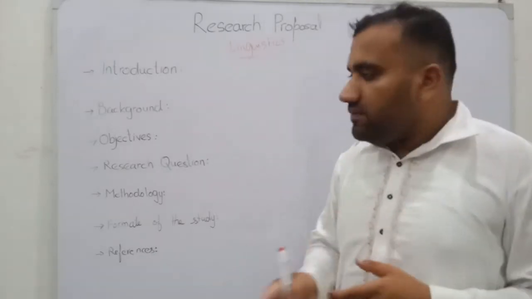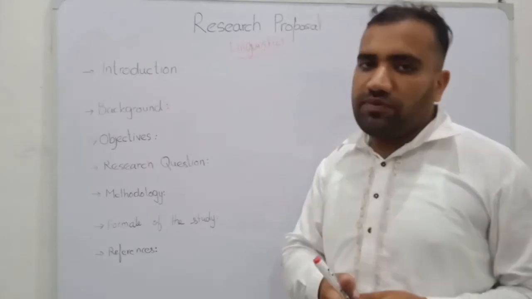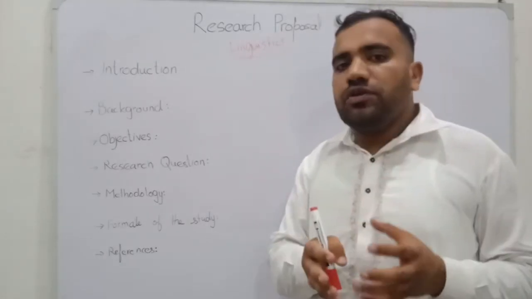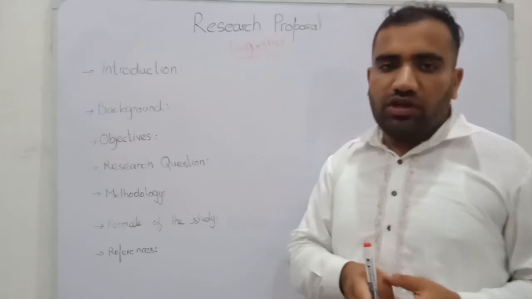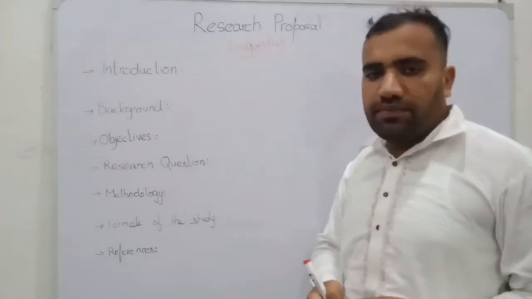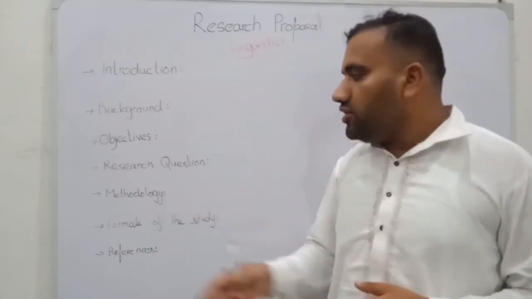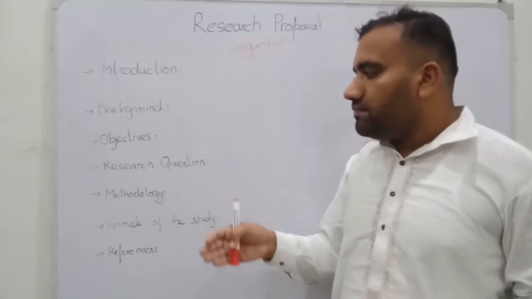And I have written some headings of your research proposal. If you plan to write your research proposal, first of all, you must write the introduction. The second is the background. Third is objectives.